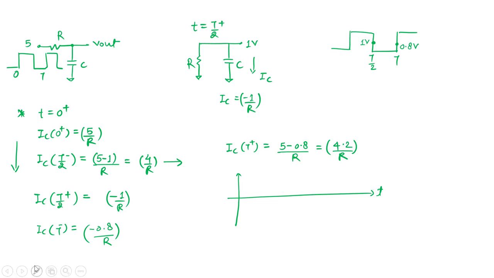This is the T. So what is happening? I'll draw it. Initially the current is 5 by R. What is happening at T by 2?